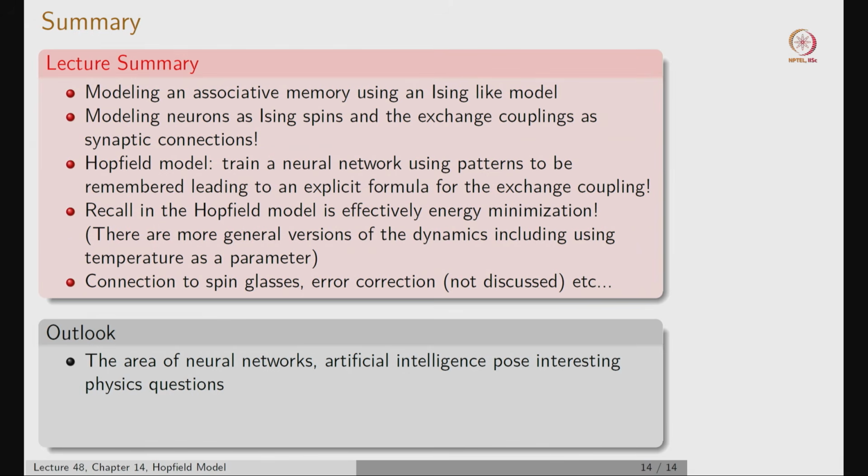We can think of a neural network or a large language model or any of these things as a physics system with some set of rules, etc. And we can try to bring in ideas of statistical physics, all the different concepts that we have learned in this course, to analyze what is going on in these systems and why they are successful in the way they are. They are able to write your essays and so on. So why that happens? This is a very interesting and emerging area, and there is a lot to be discovered here.